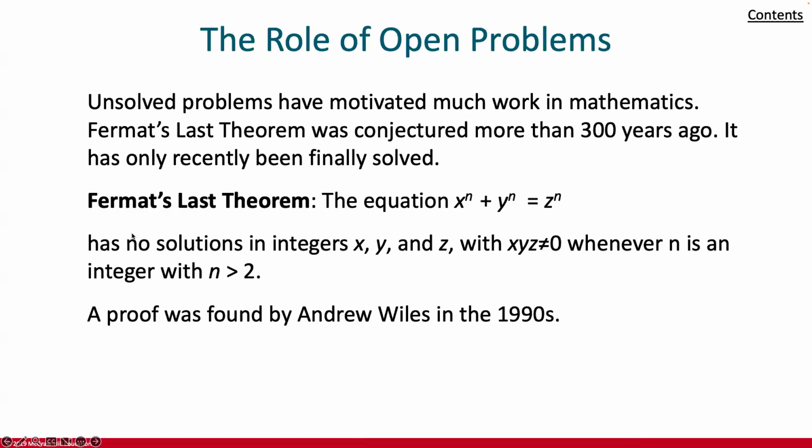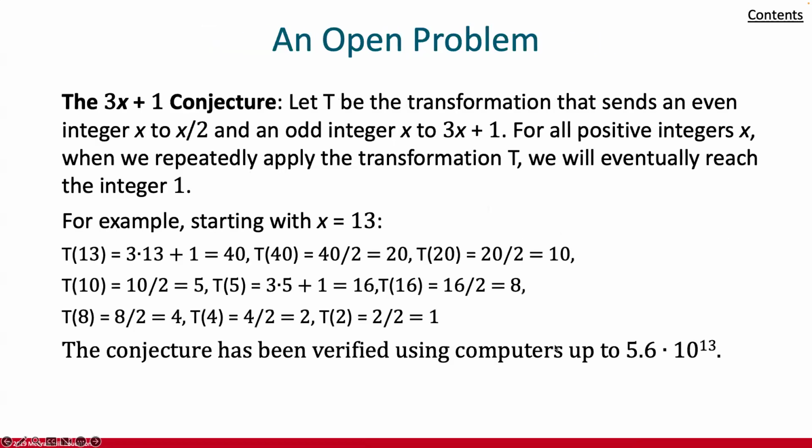And so here is Fermat's last theorem: the equation x^n + y^n = z^n has no solution in integers x, y, and z, with x, y, and z unequal to 0, where n is an integer with n greater than 2. A proof was found by Andrew Wiles in 1990, 300 years later. So someone was definitely thinking outside the box and figured it out.